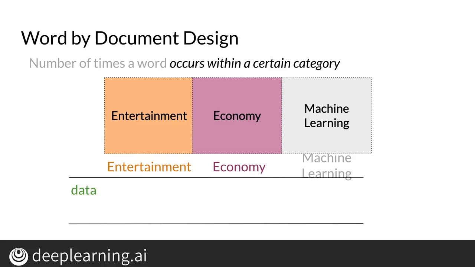In this example, suppose that the word data appears 500 times in documents from your corpus related to entertainment, 6,620 times in economy documents, and 9,320 in documents related to machine learning. The word film appears in each document category 7,000, 4,000, and 1,000 times respectively. Can you get a sense of where this is going already?